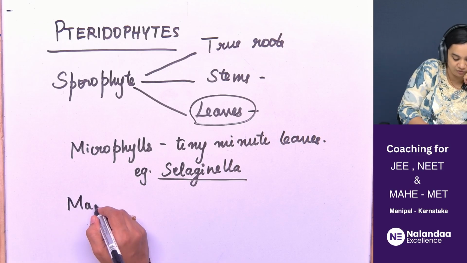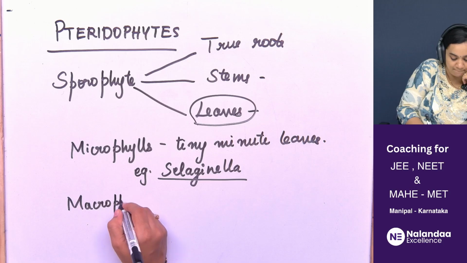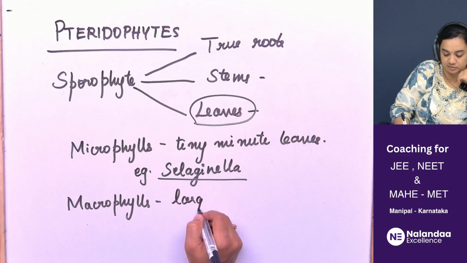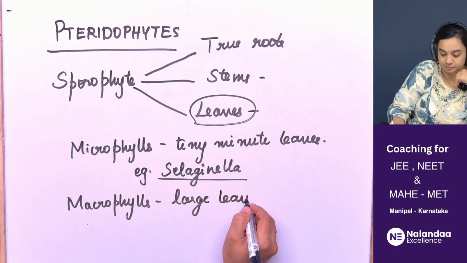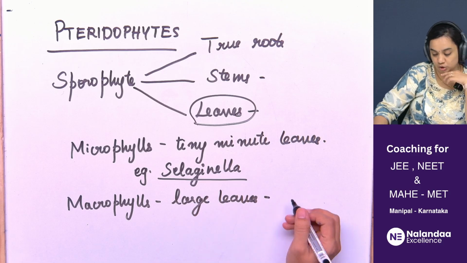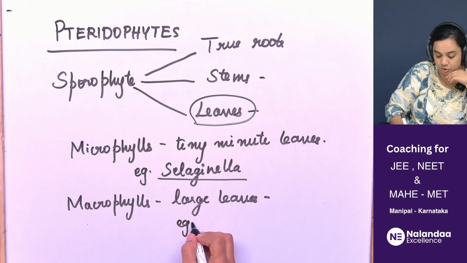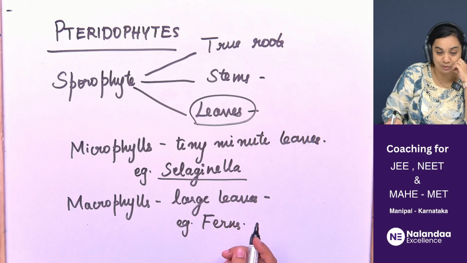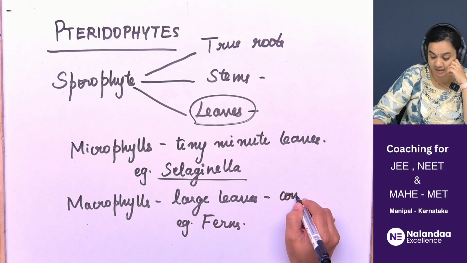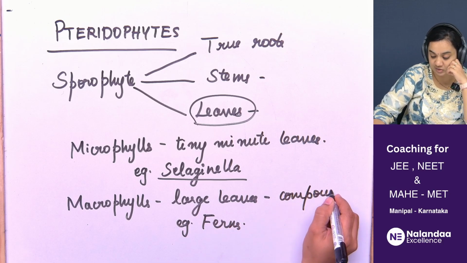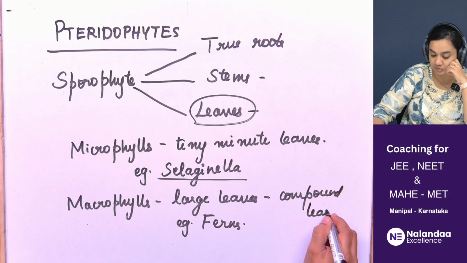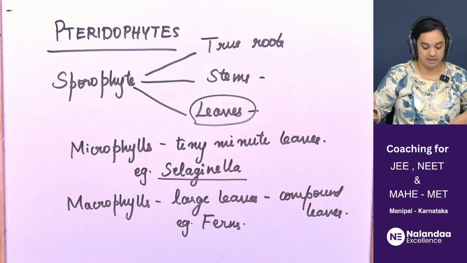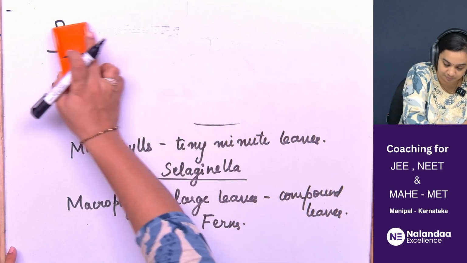Then we have macrophylls, where large leaves are present. Okay, the leaves are very large. Example, usually ferns will show very large leaf. And when we say large leaves, usually they are compound leaves, pinnately compound leaves, which means they will look like this.